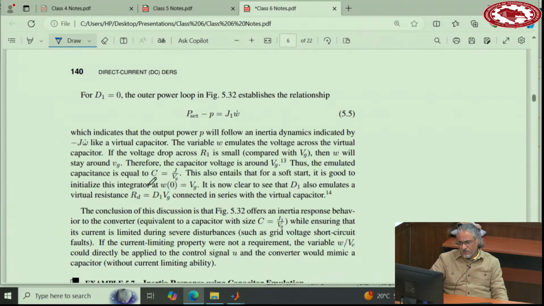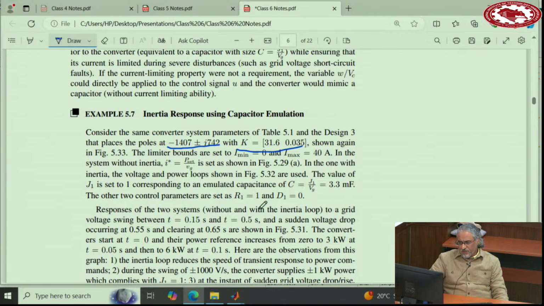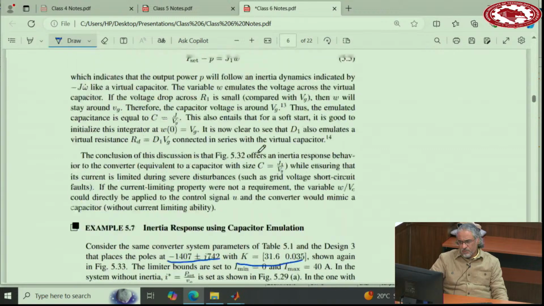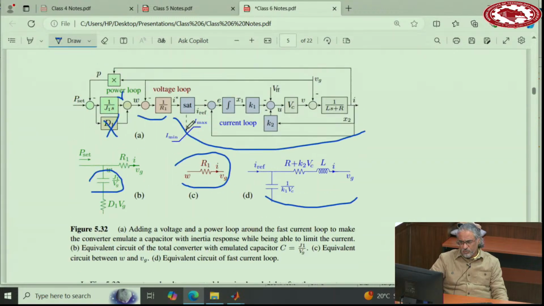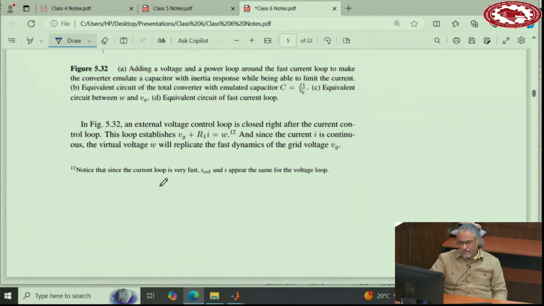How much is J1? So you will find that capacitor, and R1, we choose it. That's another parameter that you need to choose, R1. That really behaves like the synchronous reactance of the synchronous machine. If you are familiar with synchronous machine, you can make correspondence between that machine and this circuit here.